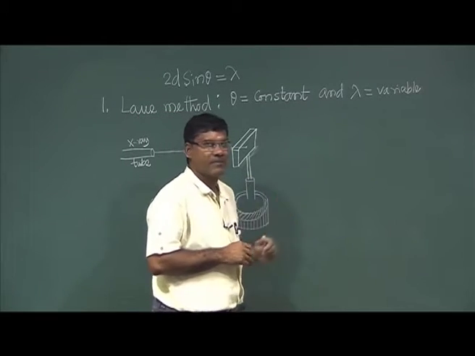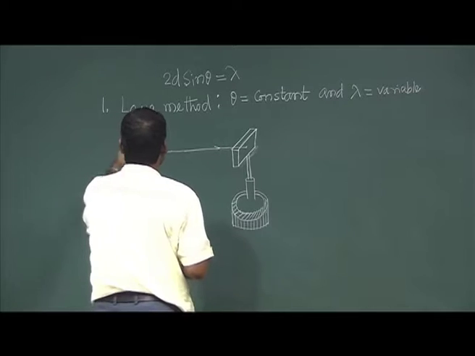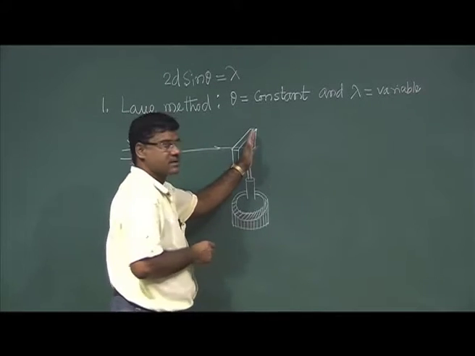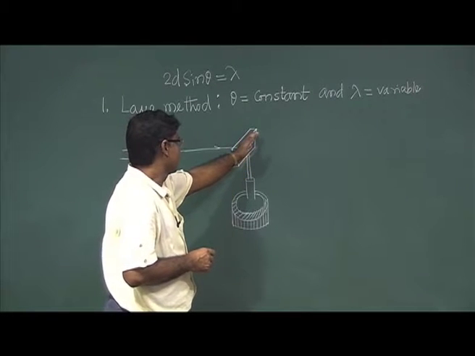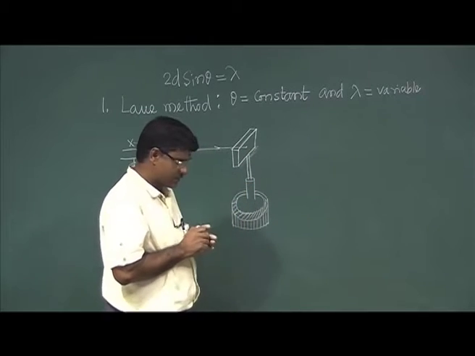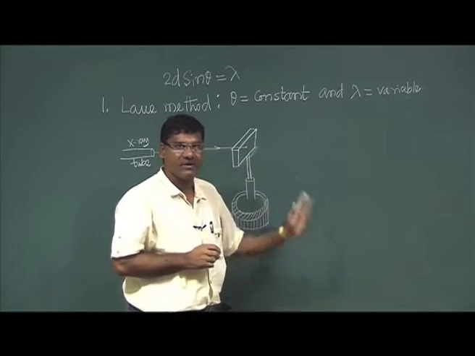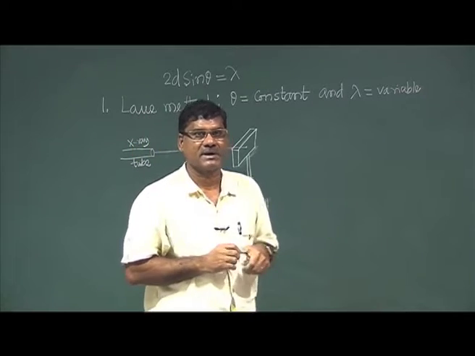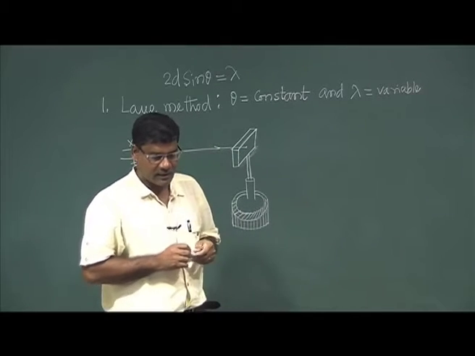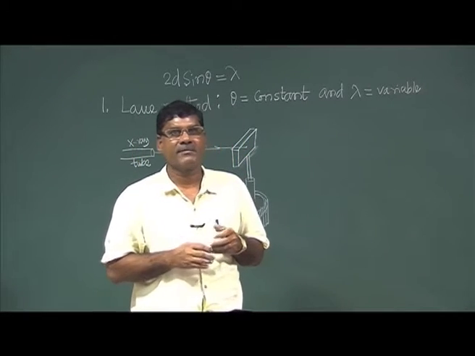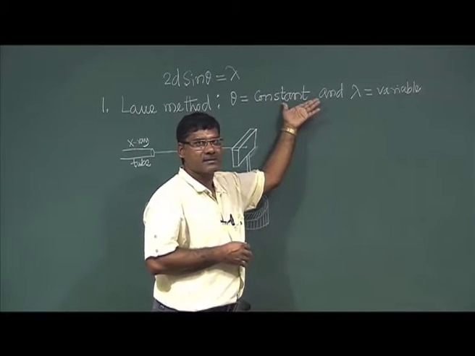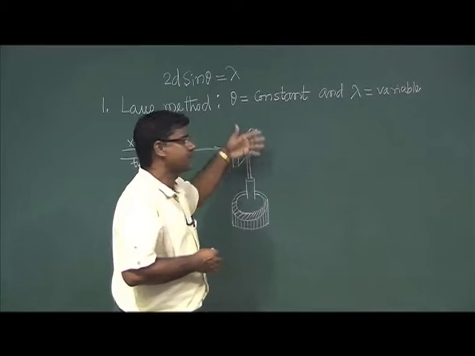So X-rays from the X-ray tube fall on this sample. We can fix the sample position, rotate it and keep it at a particular position, so the angle with the crystal surface remains the same. That means theta remains constant.